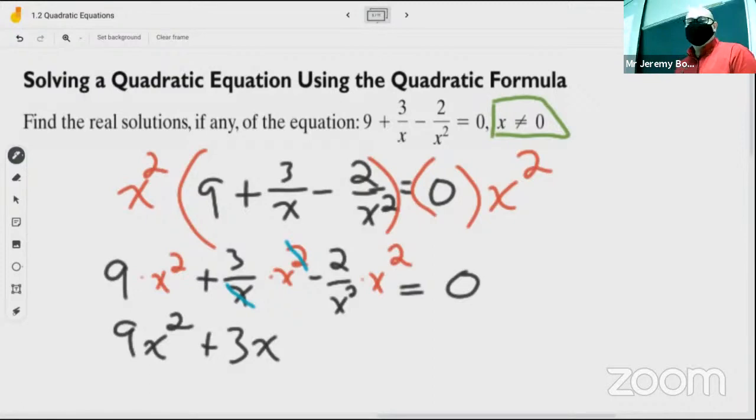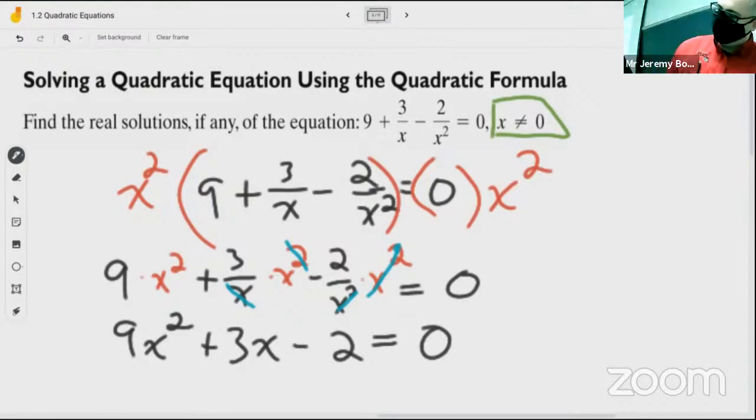And then the minus 2 over x squared times x squared. There, the x squared is completely reduced. And so we just end up with minus 2. And don't forget to equal 0 on the left side.